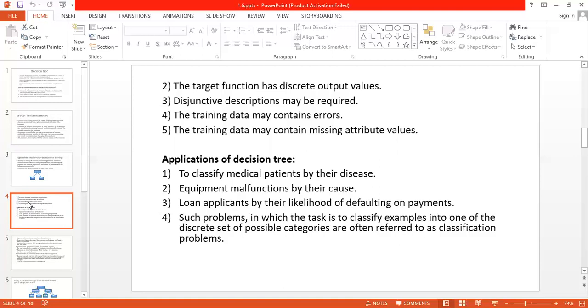Now in medical patients, consider the example of brain tumor detection. It is not possible that everyone who has a brain tumor has the same symptoms. One should have other symptoms, another should have other symptoms, and there might be some common symptoms.